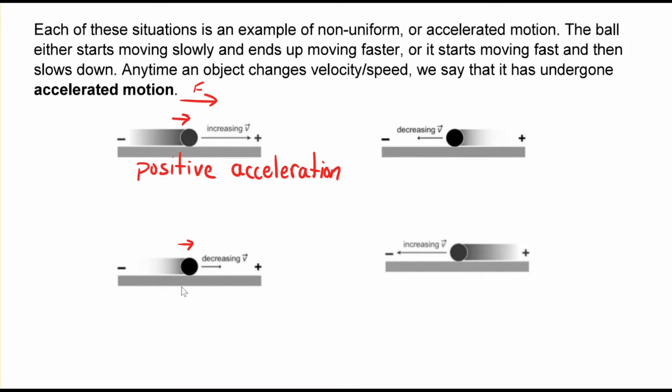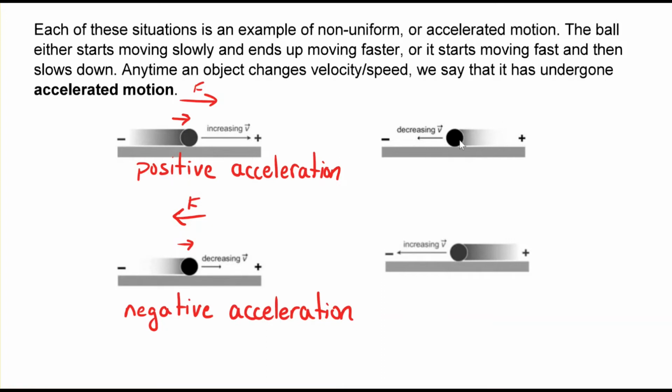What direction would you have to push this thing in order to have it go positive at first, but then slow down? Yeah, the force had to have been in this direction. So this is what we call negative acceleration, because it's accelerating in the negative direction.